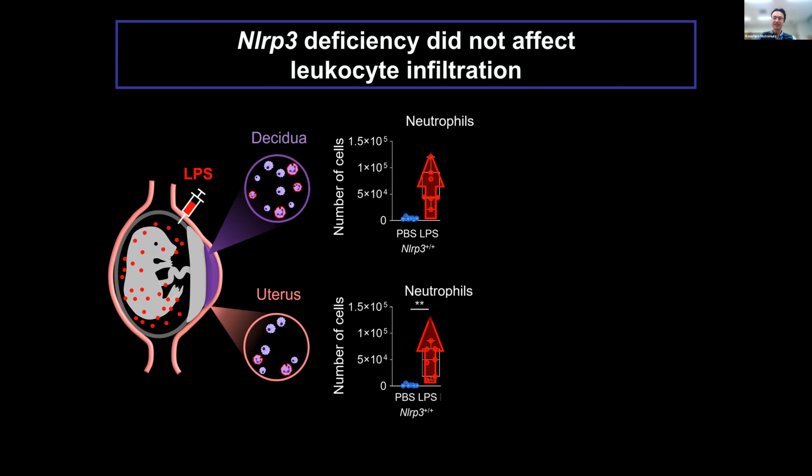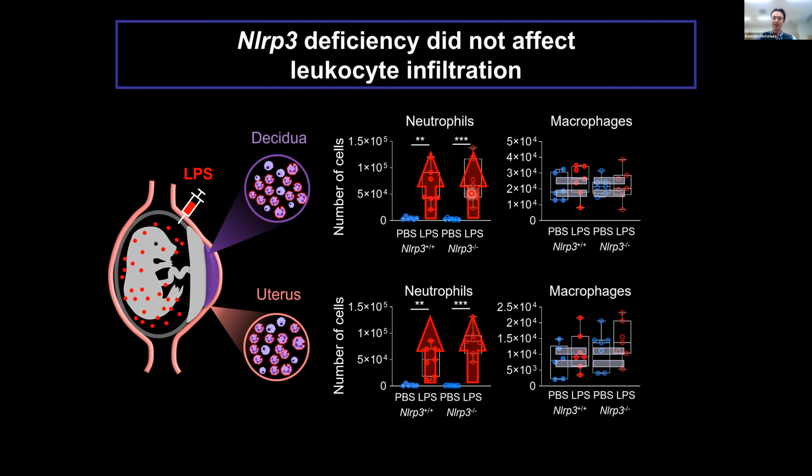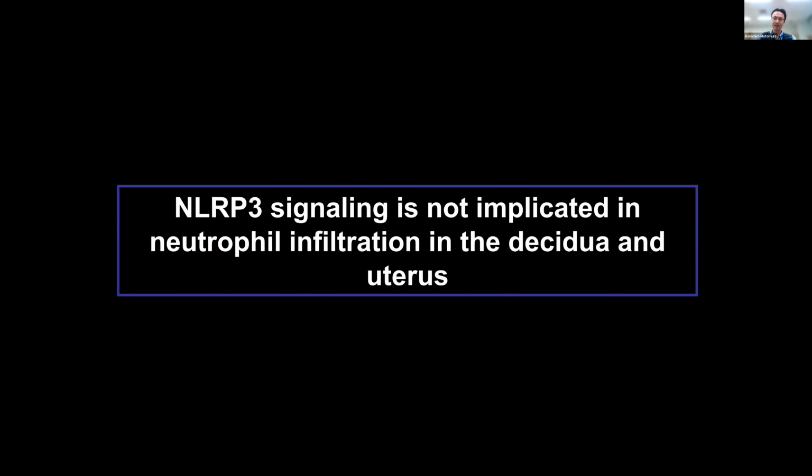LPS injection increased the number of neutrophils in both wild-type and knockout mice. The number of macrophages was unchanged by LPS injection in both genotypes. Therefore, NLRP3 signaling is not implicated in neutrophil infiltration in these tissues.